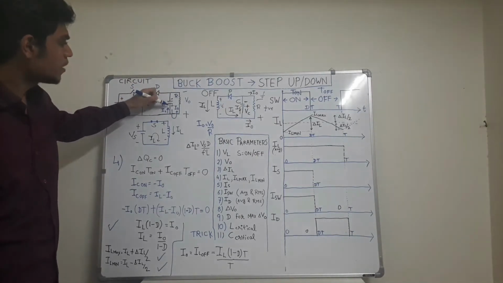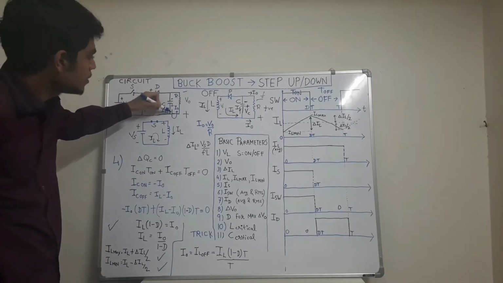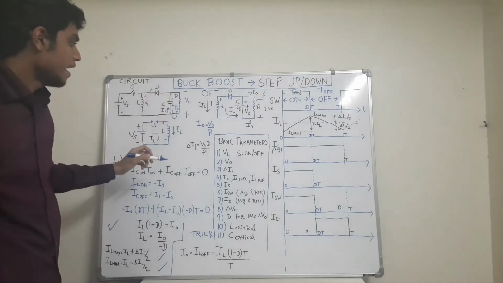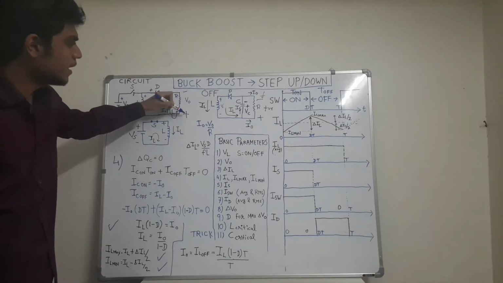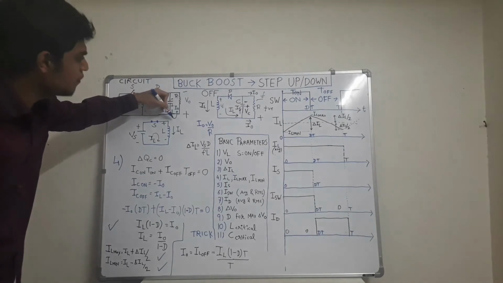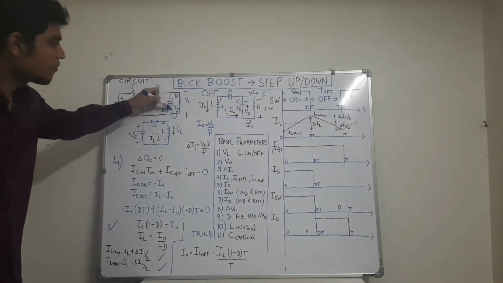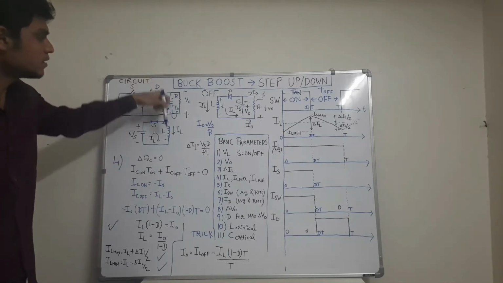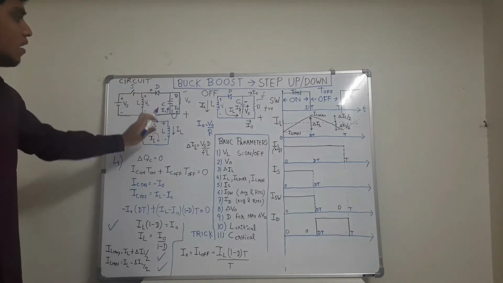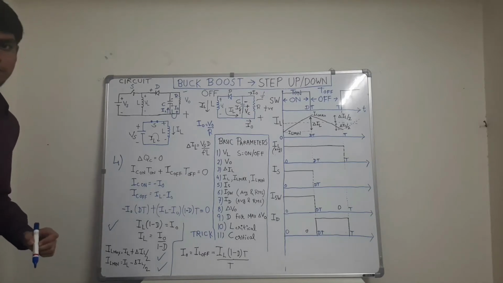So the capacitor current will be equal to minus I naught, because we know that the load has attained the positive polarity at this negative or lower terminal. Therefore the current flows like this towards the positive terminal. If the capacitor is delivering the current in this direction, then this IC will be equal to minus I naught in the upward direction. So IC on is minus I naught.